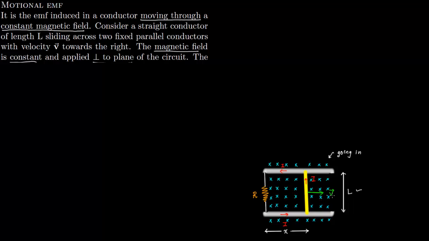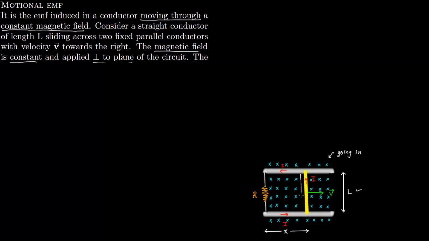And you can see that this straight conductor is sliding across with the velocity v. Now this sliding will change this area. You have this area of a rectangle, and this area keeps changing. At any instance, there is a very small change in area.